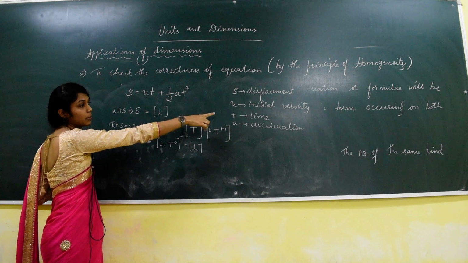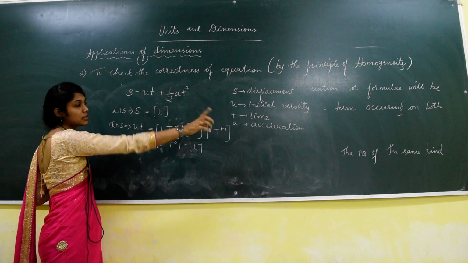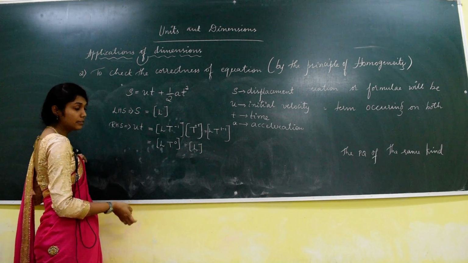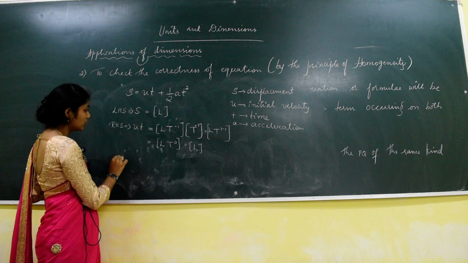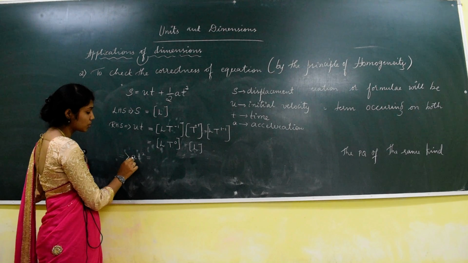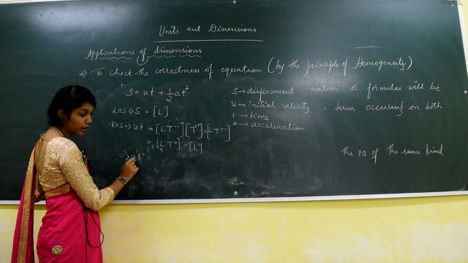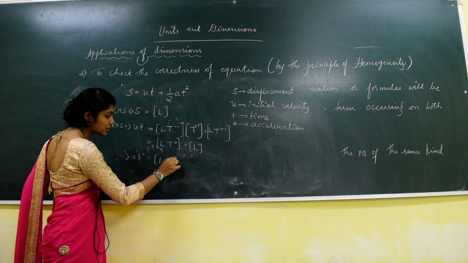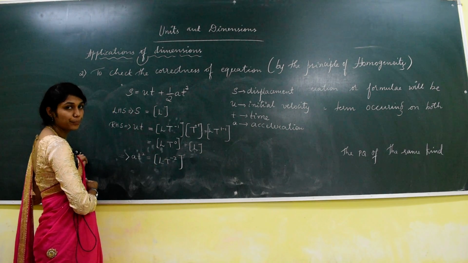So here A represents what? Acceleration. T represents time. So here I am going to write the dimensions for acceleration and for time. Let me consider AT square. This is equals to, what is the dimensional formula for acceleration here? We'll write directly the dimensional formula for acceleration, that is LT-2.